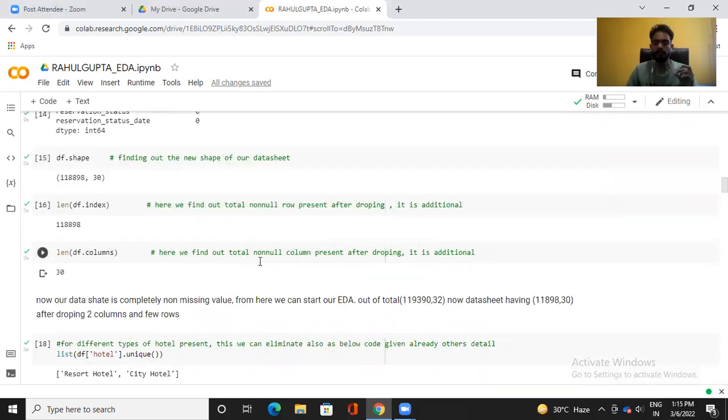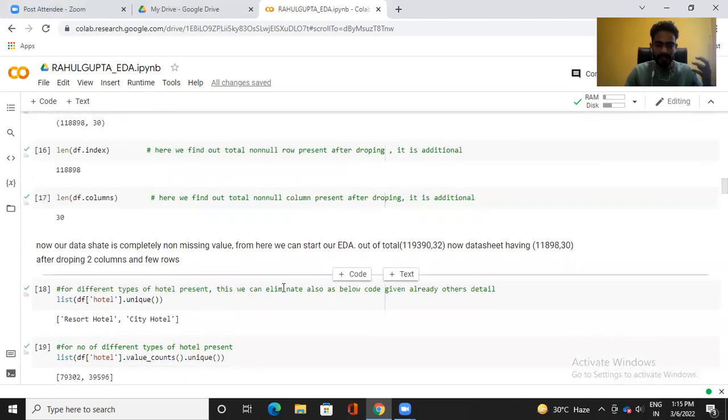So from here our actual project started, the EDA project, exploratory data analysis of hotel booking analysis. My first step was to look at what different hotels are present.